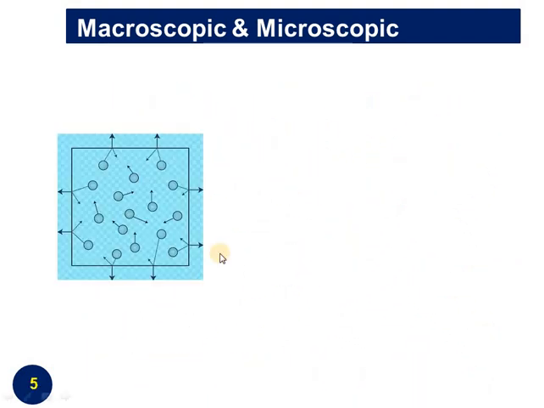So if we talk about any property, let's say pressure, which is the force exerted by this gas on the system. So for this system, the pressure which is equal to the force exerted by these gas molecules on the system wall. If the pressure is low, it means the force exerted by the molecules is low. If the force exerted by these molecules on the system wall is high, it means the gas has high pressure.